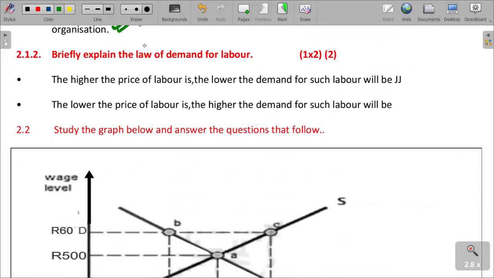Then, briefly explain the law of demand for labor. It is one mark, one answer, 2 marks.